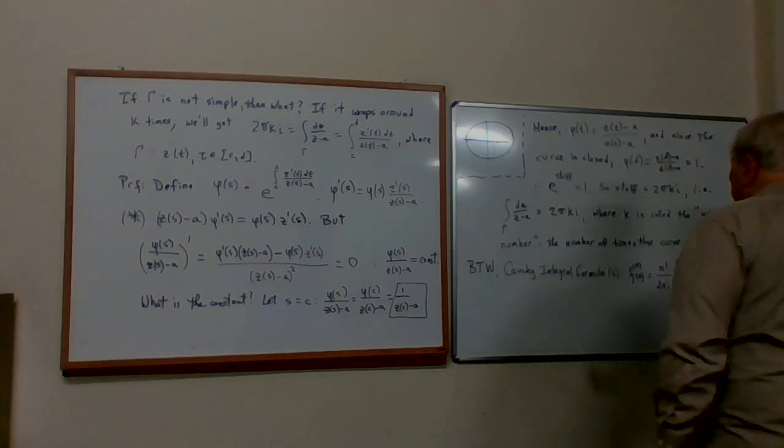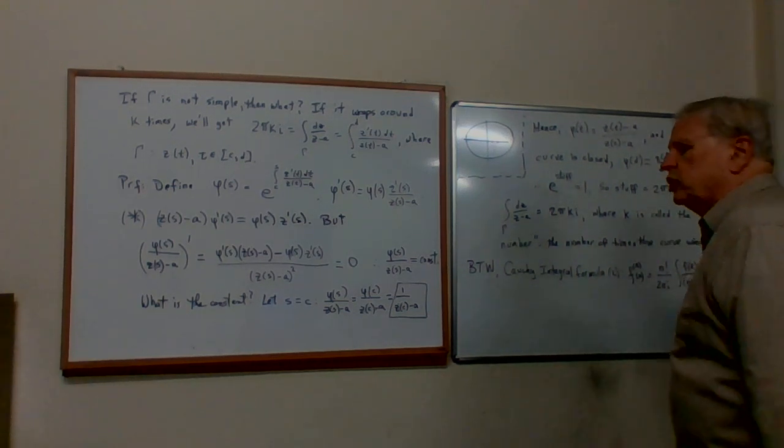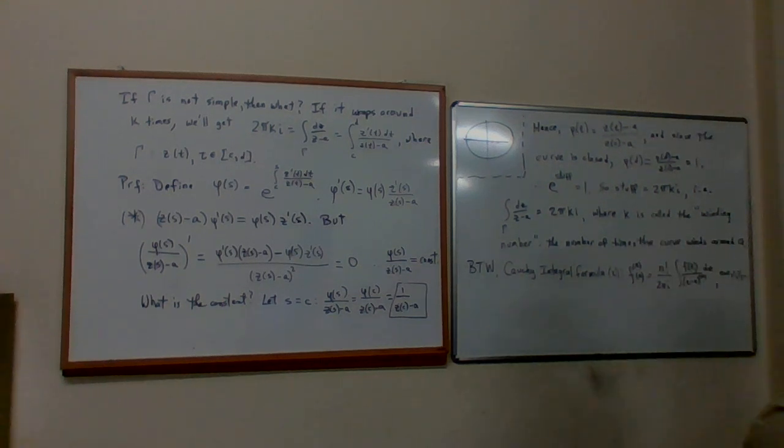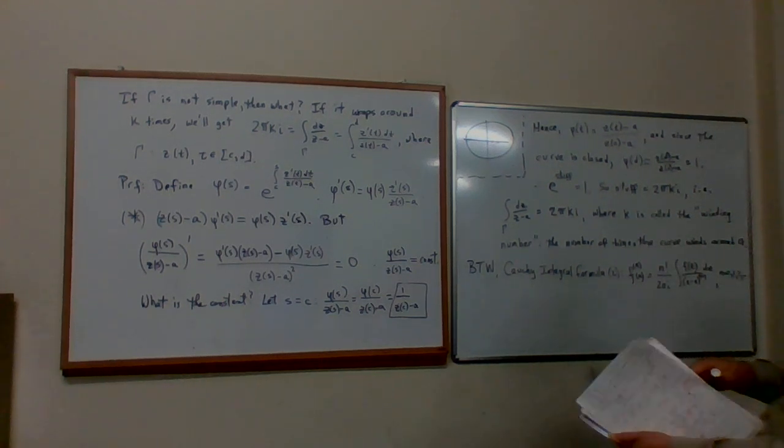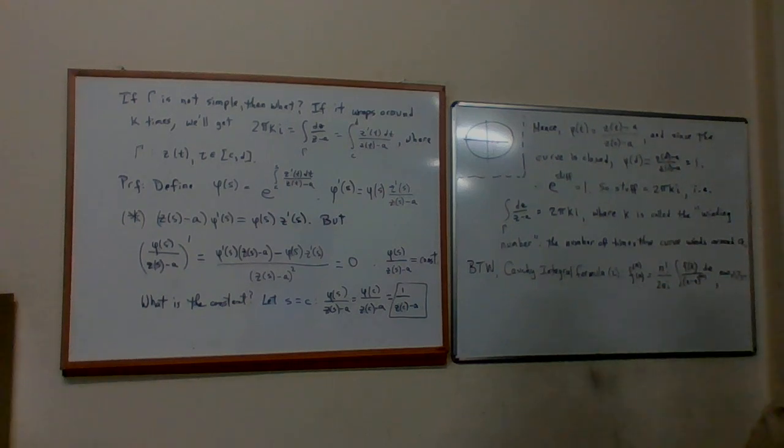And recall, the 0th derivative of a function is the function. So as a special case of Cauchy integral formula 2, when n is equal to 0, you get Cauchy integral formula 1. But this one now is much more general. It's true for all the derivatives.